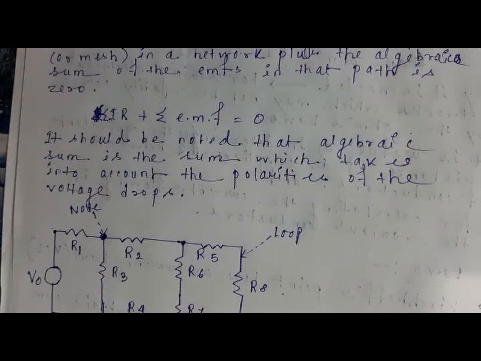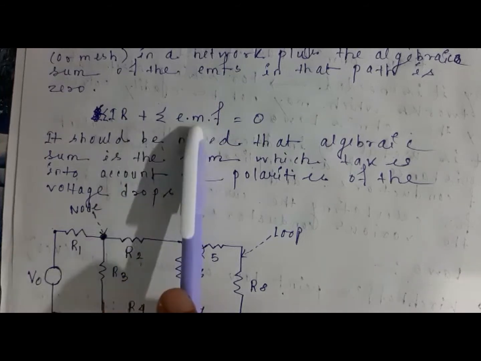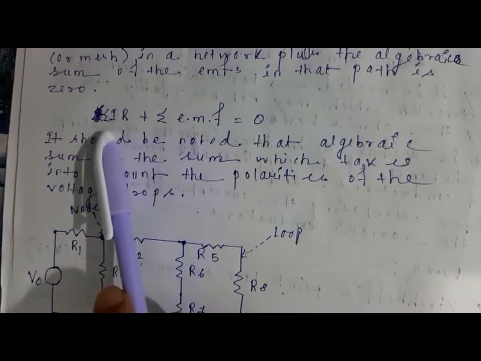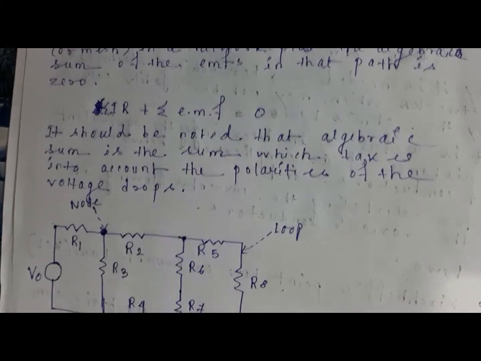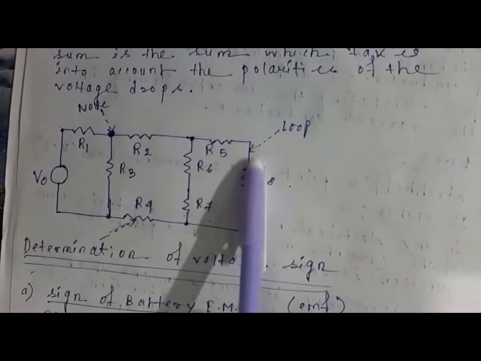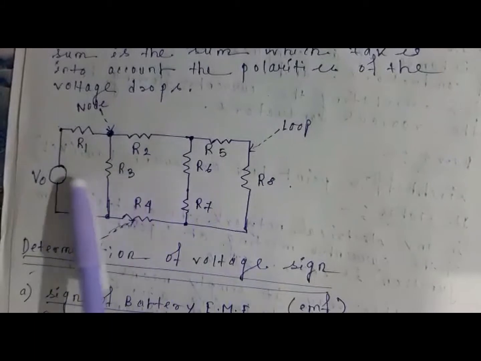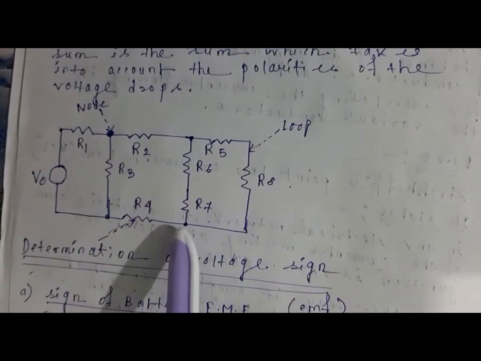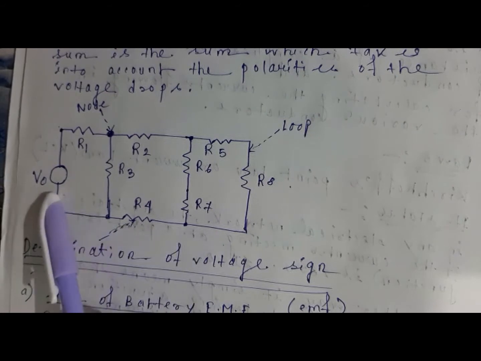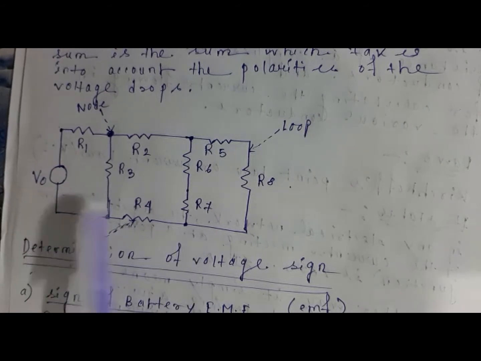In applying Kirchhoff's law, we have to pay special attention to the sign of the voltage drop and the EMF, otherwise we will get wrong results. Now here in this figure, these are the loops, and these are the nodes, and this is the voltage.